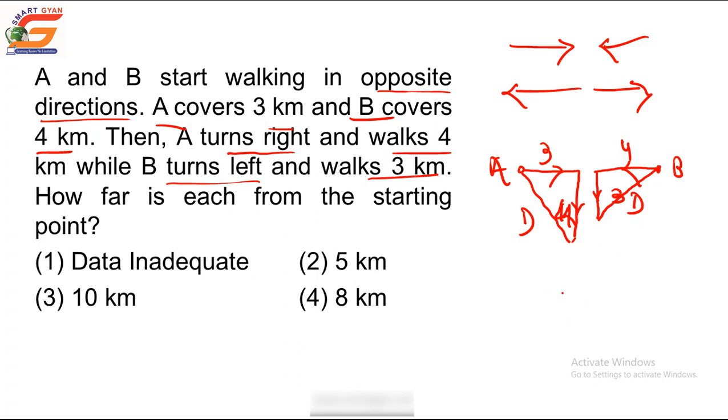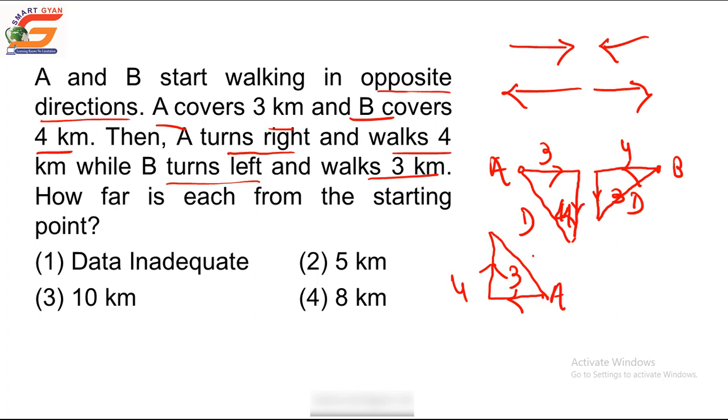Then another situation, if they are moving further. A started from this point and B also started from the same point. A moved this way, that is A covered 3 km. Then A turns right, going upward, that is 4 km.